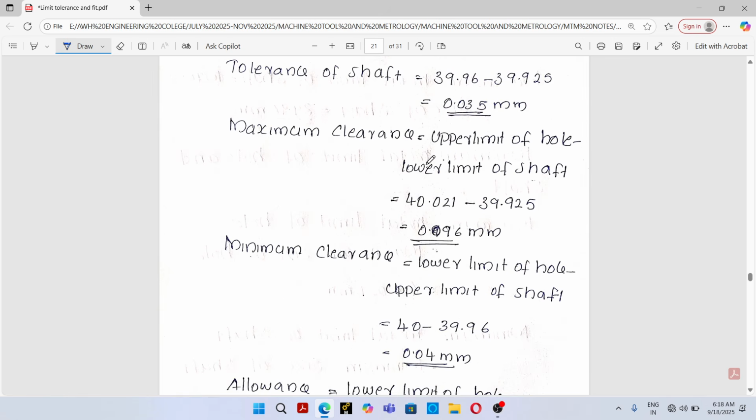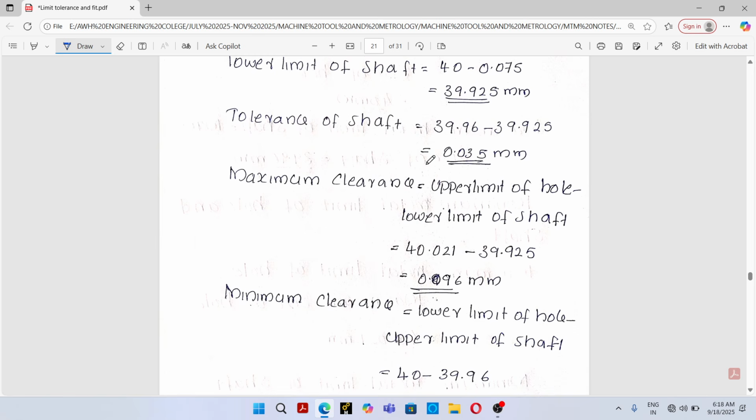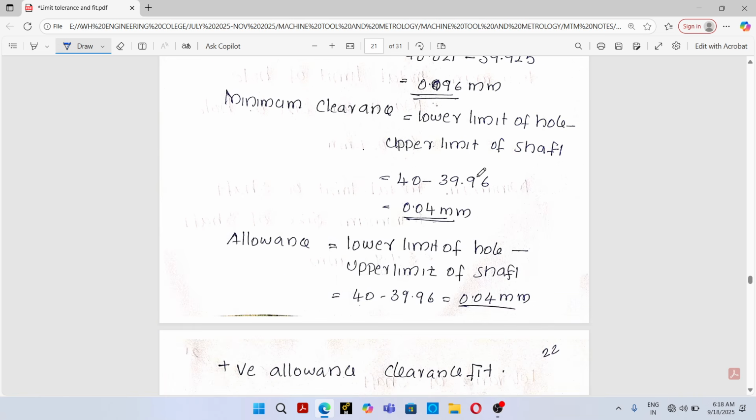Then maximum clearance is equal to upper limit of hole minus lower limit of shaft, that is 40.021 minus 39.925, that is 0.096 mm. Then minimum clearance is equal to lower limit of hole minus upper limit of shaft, 40 minus 39.96, 0.04 mm. Then allowance, lower limit of hole minus upper limit of shaft, that is 40 minus 39.96, that is equal to 0.04 mm.